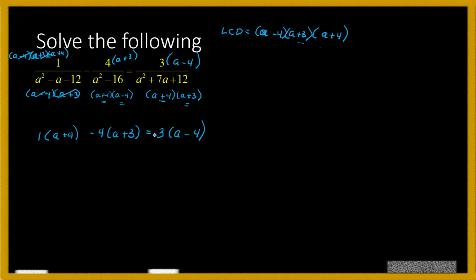Let's continue solving this equation. Now I need to distribute 1 through a plus 4, which of course is a plus 4. Distribute the minus 4 through both parts of the parenthesis. I get minus 4a minus 12 equals, on the right side, we're going to distribute the 3 into a minus 4, which gives me 3a minus 12.